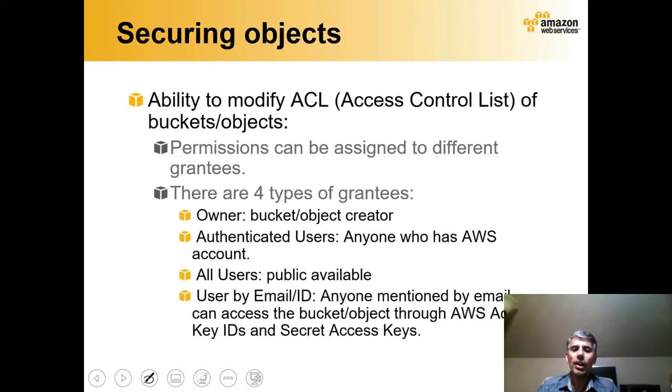For the owner, that is, who created the object. The authenticated users, that are the users that have an AWS account. You can make it public so that anyone can have access to that document or file, or you can make it available to specific people by their email address.